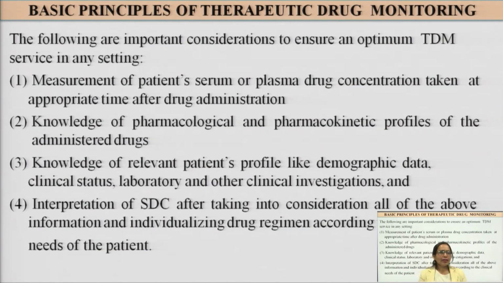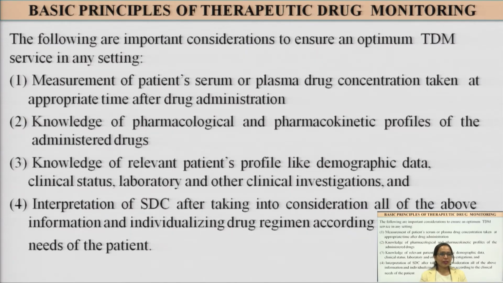So, now let us know the basic principles of therapeutic drug monitoring. There are some important considerations to ensure an optimum therapeutic drug monitoring service in any setting. What are those? Let us discuss. First is measurement of the patient's serum or plasma drug concentration taken at an appropriate time after drug administration.